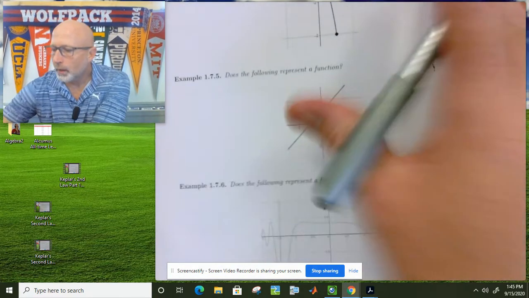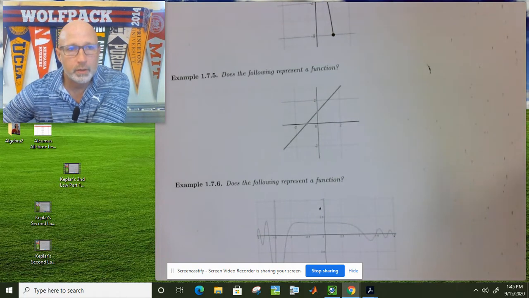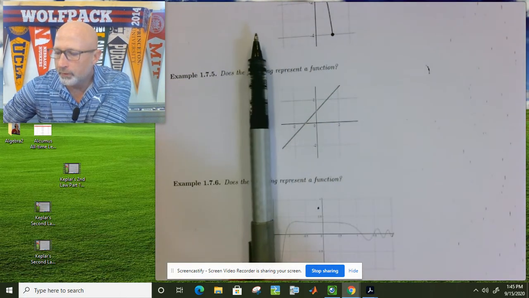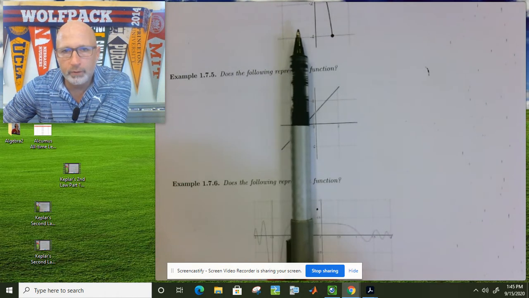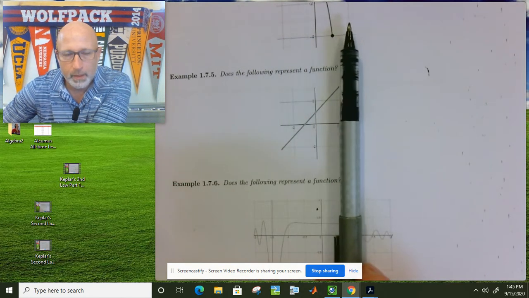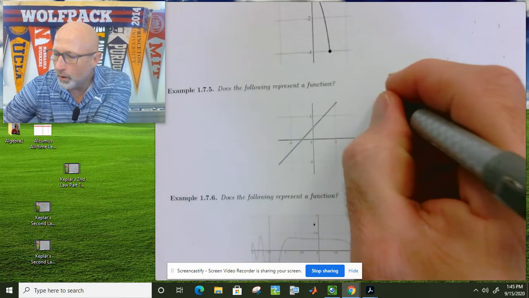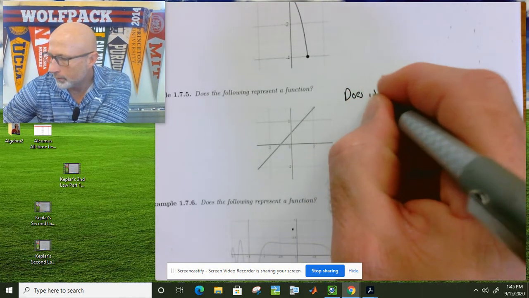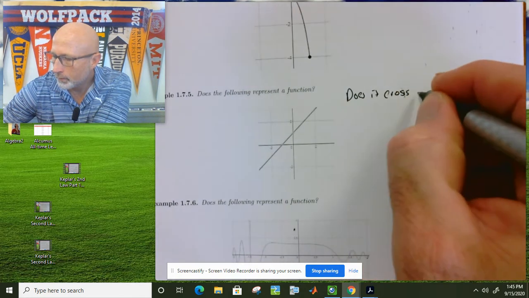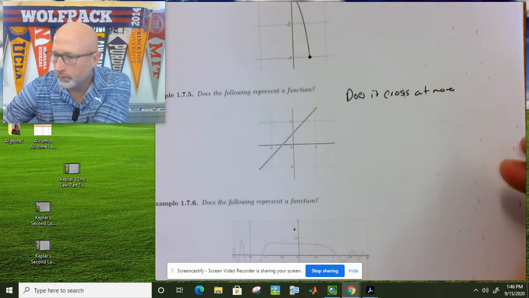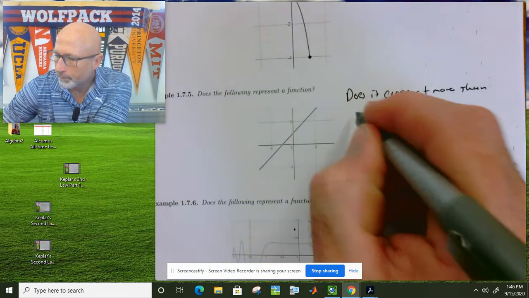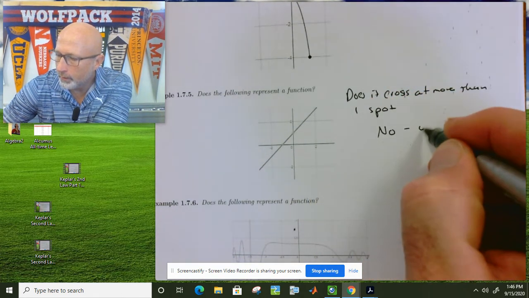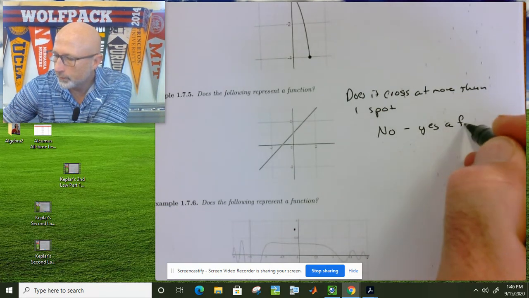Okay, next question. Does the graph represent a function? Okay, vertical line test or pencil test. Take your pencil, place it on there. Does it ever cross in more than one spot? If the answer is no, then yes, it's a function.